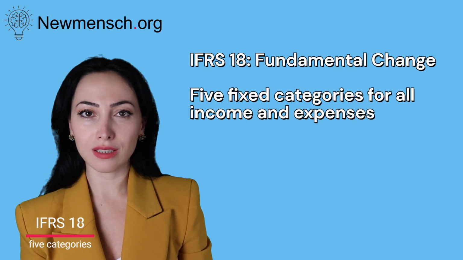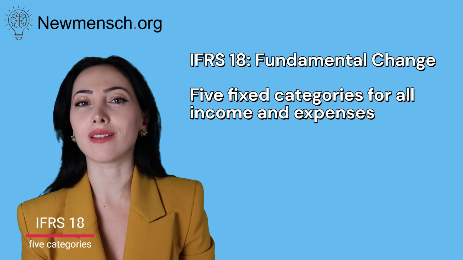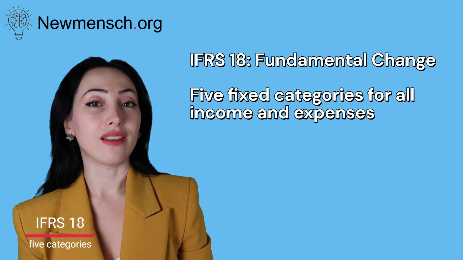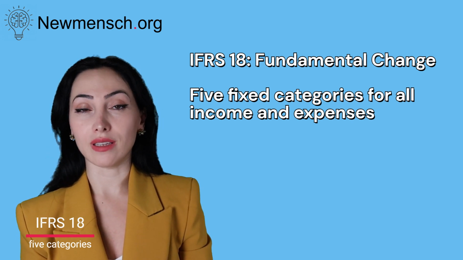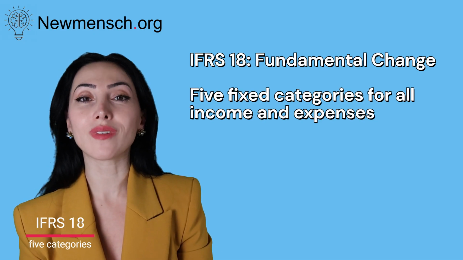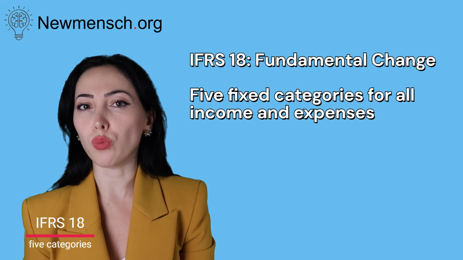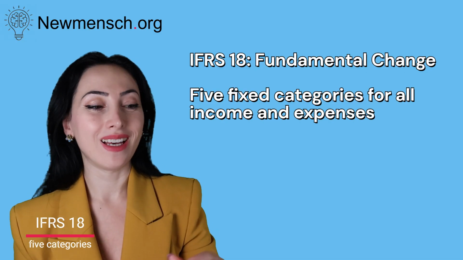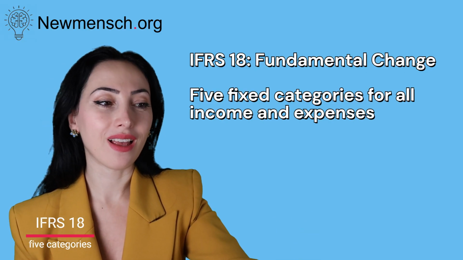Income taxes and discontinued operations were also present under IAS 1. The other 3 categories are completely new and they have a revolutionary approach that we need to examine and see why it's beneficial as our first objective.